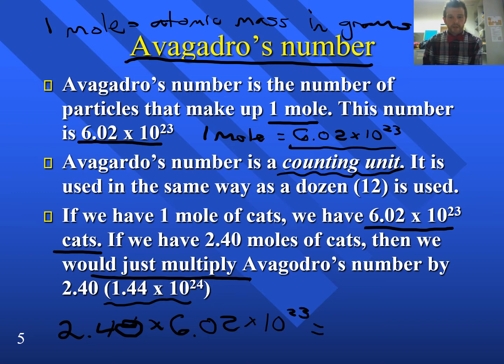When you put it in your calculator, it would spit out a number, but since we're doing this in proper scientific notation, you need to move this decimal place over and then readjust your exponent. So the correct answer would be 1.44 times 10 to the 24th.